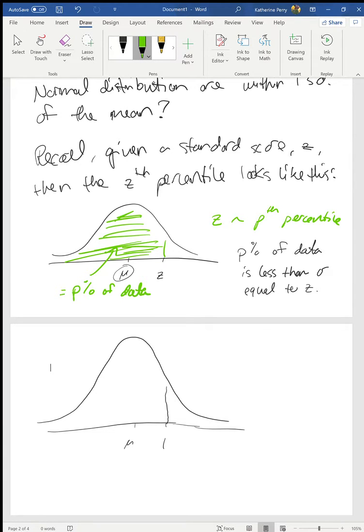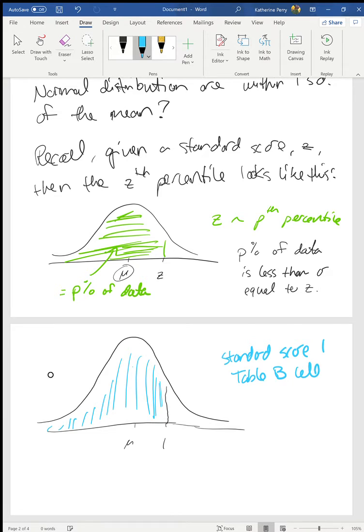And so if I do that, what I'll be getting is the percentage of data that's in this area. So if I have standard score 1, then I look at table B, or that website tells me, and I look at the table and I see that its percentile is 84.13 percentile.